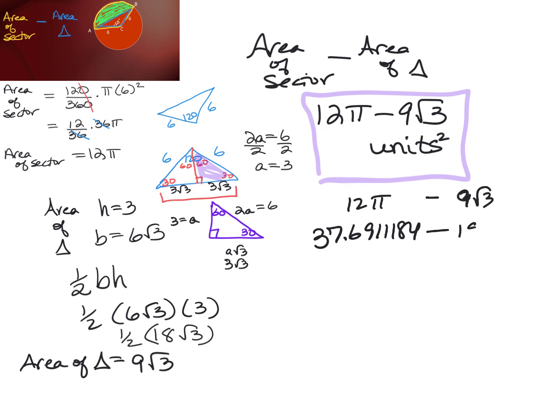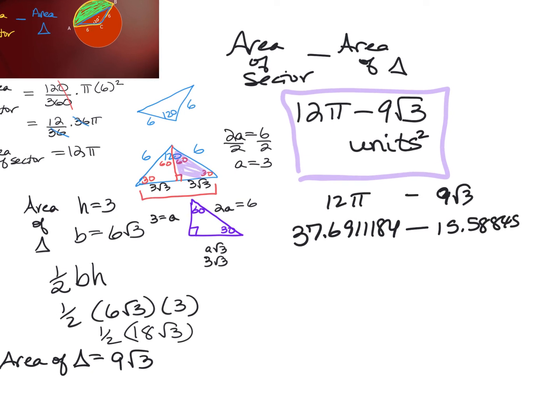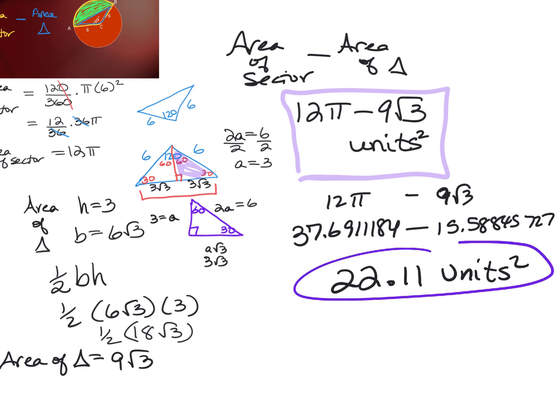Then this gives you 15.58845727. And then this finally gives you 22.11 units squared. So using your calculator, it would be this, but left in terms of pi in simplest radical form, it would be the one that was boxed. And that is it for the notes on section 11.2.